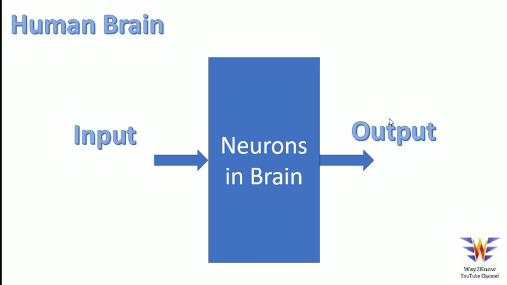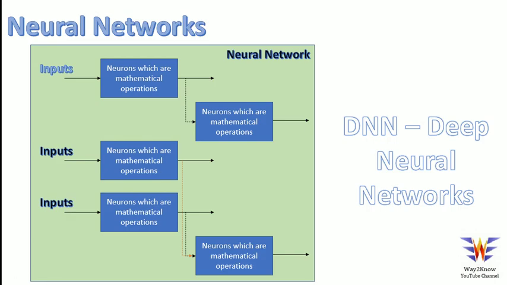So the main aim of these neural networks, or at a very high level, if you talk about artificial intelligence or deep learning, is to replicate this using some artificial means. So considering that scenario, neural networks are the base of all this.